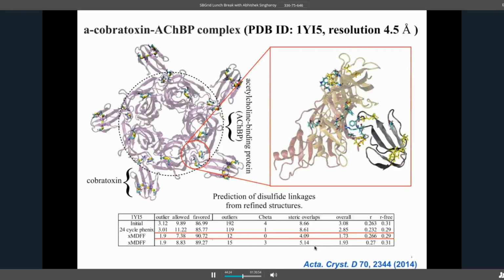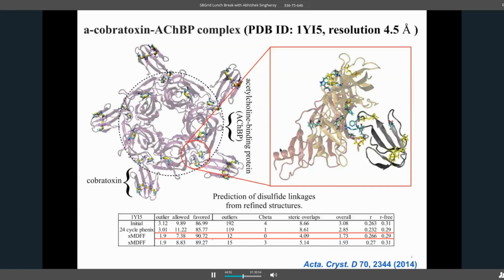With that, we moved on to another very interesting facet of this kind of simulation. Often there's a question of how do you treat disulfide bonds in doing your refinements. When you're doing it using xMDFF, you actually have the liberty of choosing places where you want to insert a disulfide linkage and where you don't want to, and then you finally see what its impact is on the R free, on the R factors of the refinement.